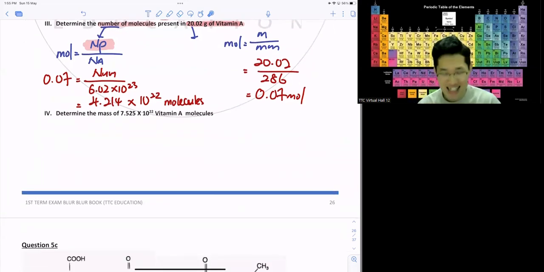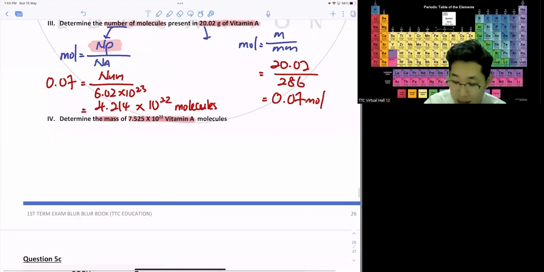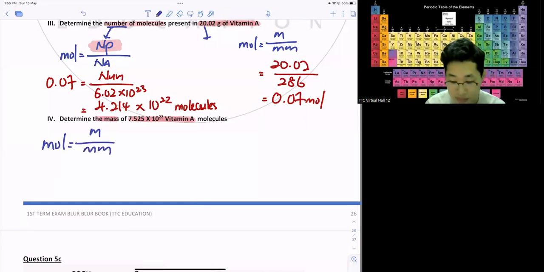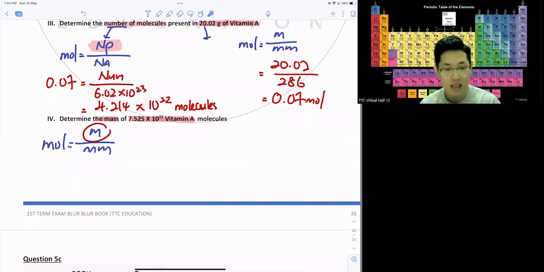Next, calculate the mass of this amount of vitamin A. Same thing, they want me to find the mass. I use the formula mole equals mass over molar mass. If they want me to find mass, I have to sub in a number for mole and also molar mass. So the molar mass of vitamin A is 286.